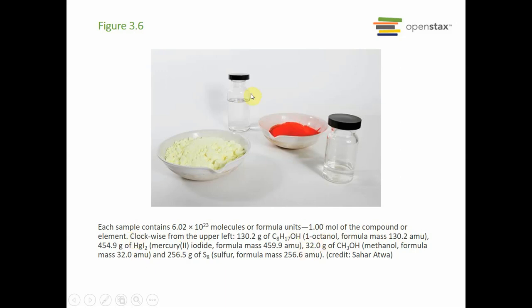So they are octanol, formula mass of 130.2, mercury iodide, which is this bright orange material, formula mass of 459.9 AMU, 32 grams of methanol, formula mass of 32.0, and 256.5 grams of S8.